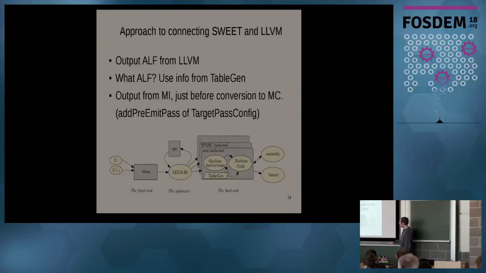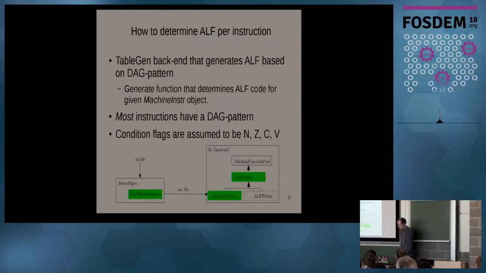And this would have been at the pre and mid pass function to your target, something like a pass config class in your backend. So yeah, the ALF code per instruction: the idea is that this semantic information of your architecture is already present in LLVM, and that we're reusing it to output ALF.